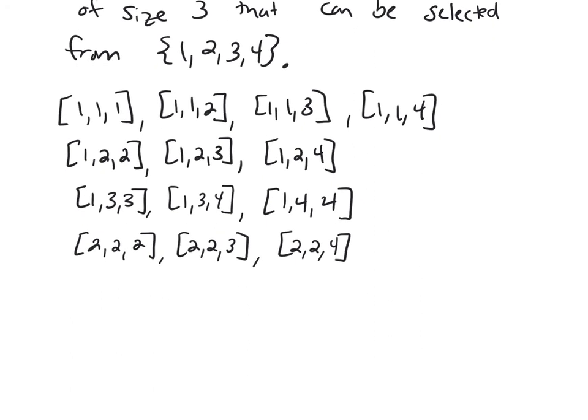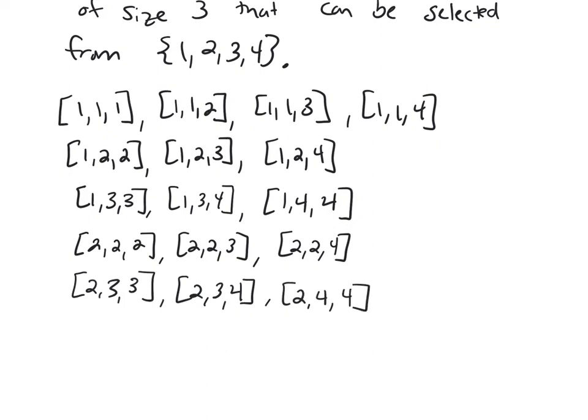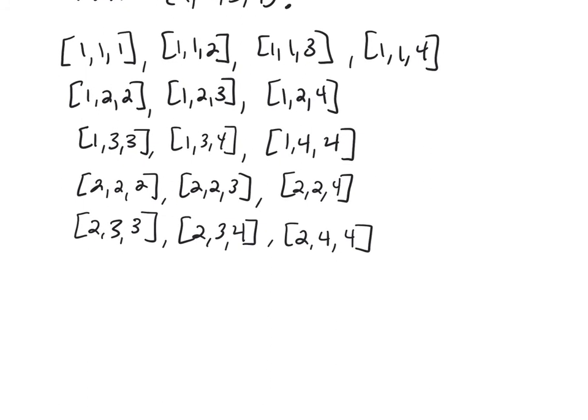Then you could select a 2 and a 3, and then the options are a 3 for the third one, or a 4. And then finally, in this group, I could select a 2 and a 4, and then another 4. Those are all of the multisets that contain 2s in them.